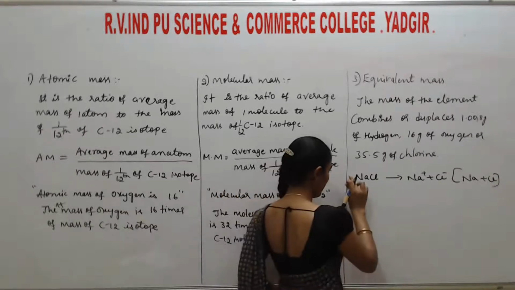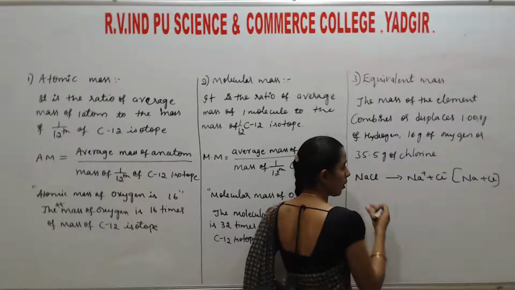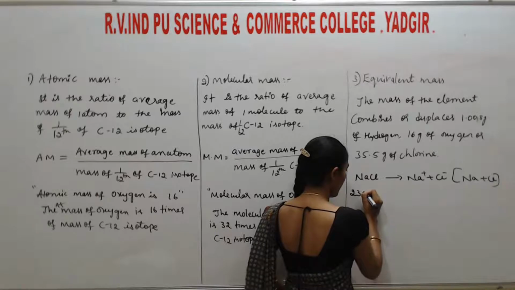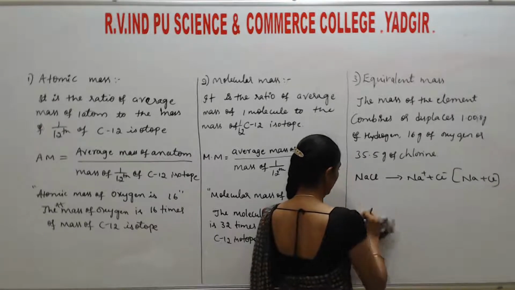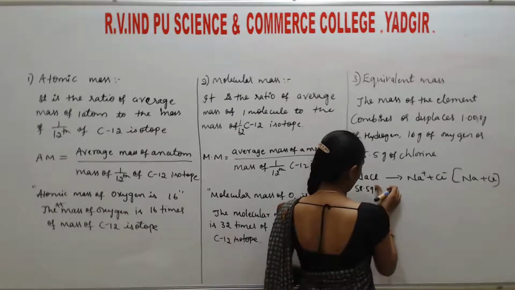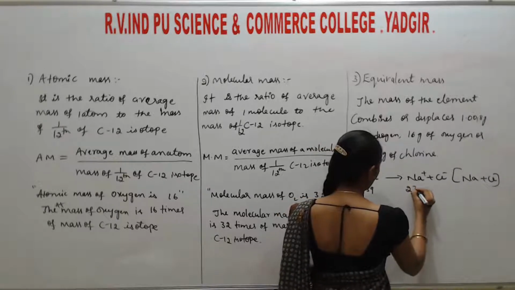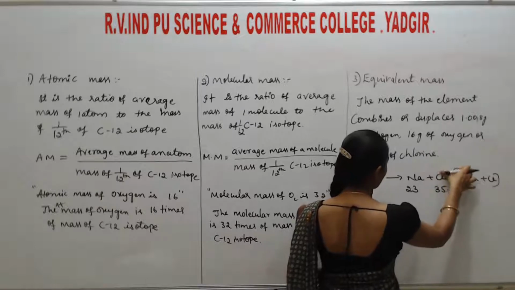So students, here when NaCl dissociates, 58.5 gram of NaCl gives 23 gram of sodium and 35.5 gram of Cl.